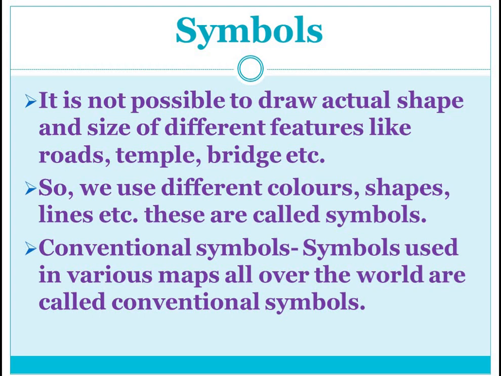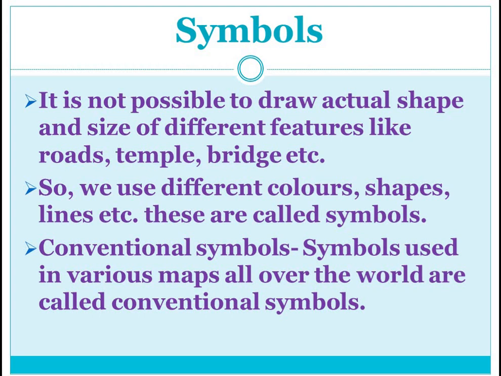For the different physical features, the brown color is used to show mountains, yellow color is used to show plateau, green color is used to show plains. So the colors are mainly used to show different physical features. As we always see the blue color, then we can assume that a water body is present there.